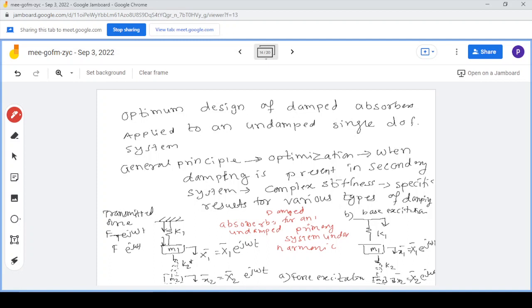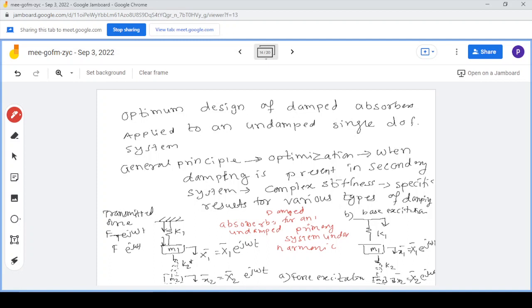K1 is the stiffness of the primary system, and M1 is the mass of the primary system. Whereas the dashed lines are shown for the damped absorber, and this dashed line indicates the mass M2 and the complex stiffness K2 star, so that the maximum value of the transmissibility is minimum in the entire frequency range from 0 to infinity.